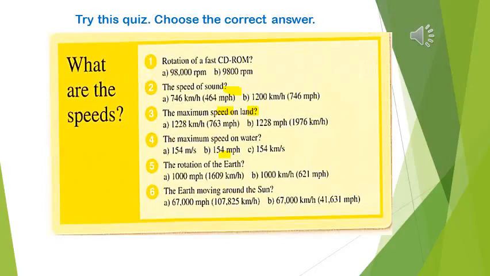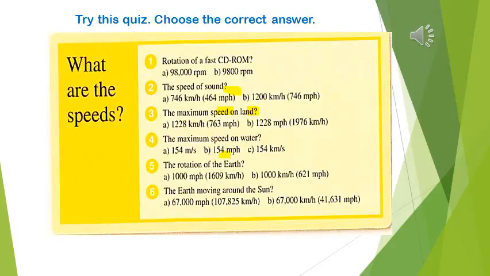So after listening to the audio, we have here in question number 1 the abbreviation RPM, which is revolution per minute. We have km/h, which is kilometer per hour, mph for mile per hour, and m/s, which is meter per second.